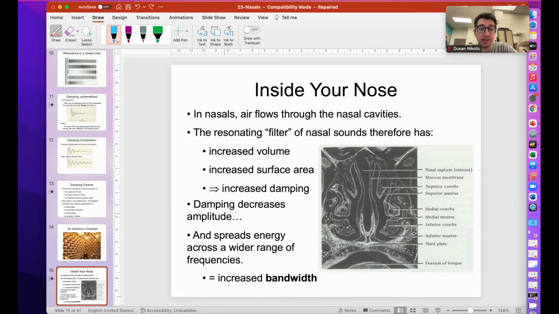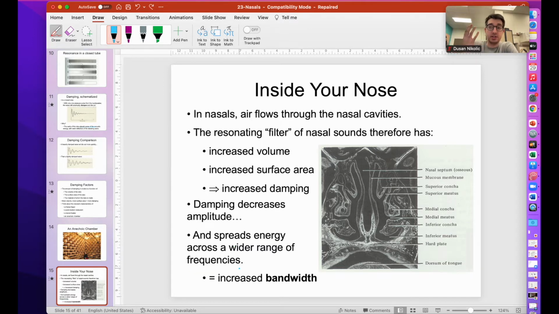And damping decreases the amplitude, right? So if the sound gets damped, then that means the amplitude is lower, and then the voice or the sound is less loud or quieter, right? So damping decreases amplitude and spreads energy across a wide range of frequencies.